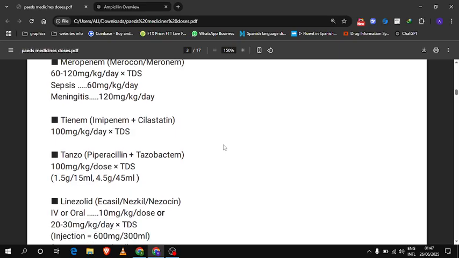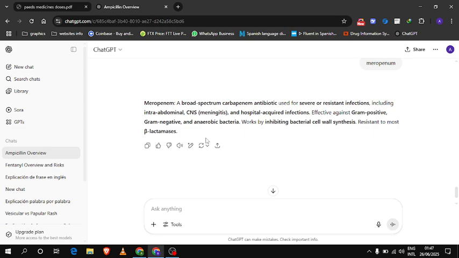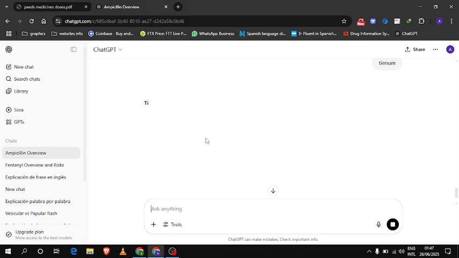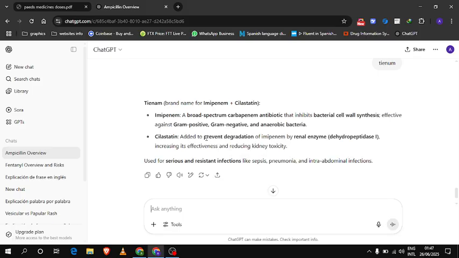The next is Tynum, which is imipenem plus cilastatin. This is used when other antibiotics are not effective. Imipenem is a broad spectrum carbapenem antibiotic that inhibits bacterial cell wall synthesis, effective against gram-positive, negative, and anaerobic, which is just like meropenem.